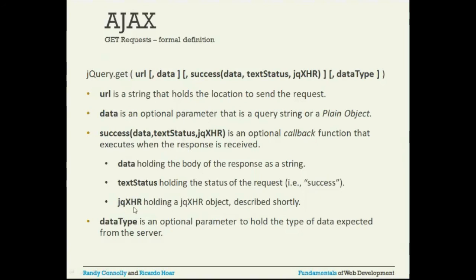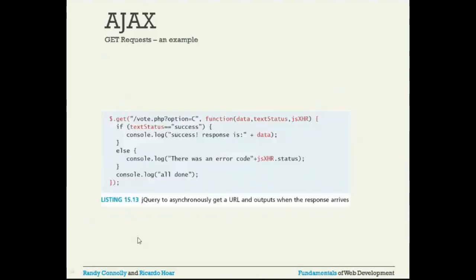And jqXHR is an object in which the complete response is represented. We will look into this particular object. Then there is dataType, the optional data type. If you are looking for a particular data type from the server, you specify that data type. This is an example you can see.